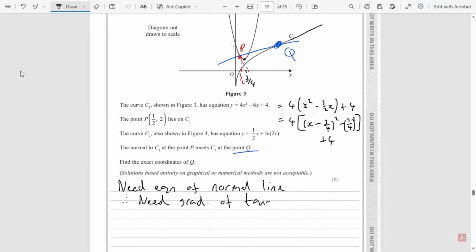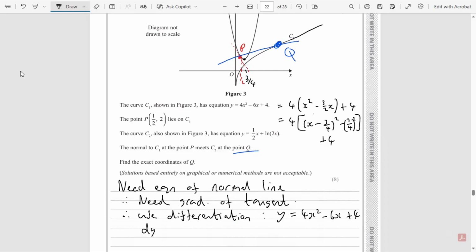And how do you get the gradient of a tangent to a curve at a particular point? You use differentiation. So we're going to differentiate the curve C1. So we've got y equals 4x squared minus 6x plus 4.